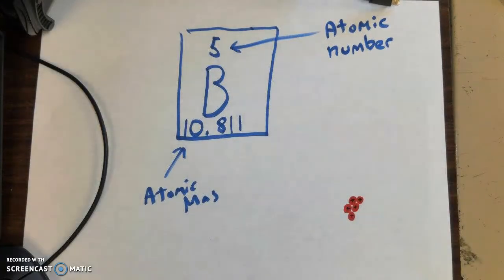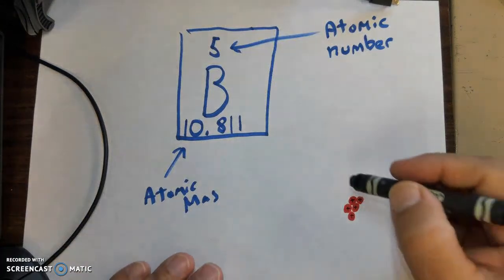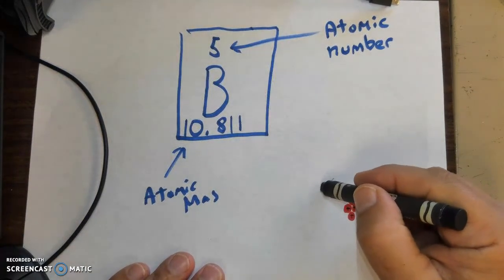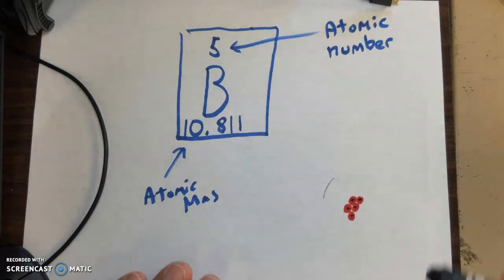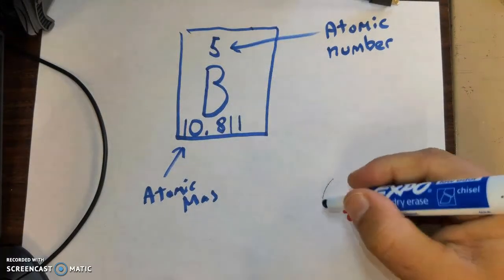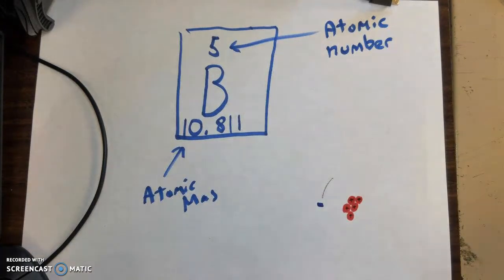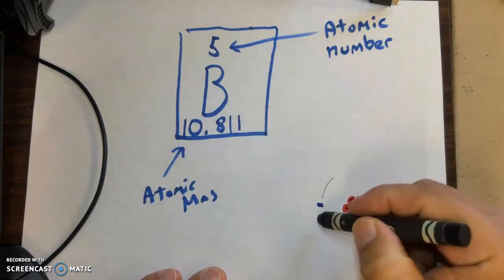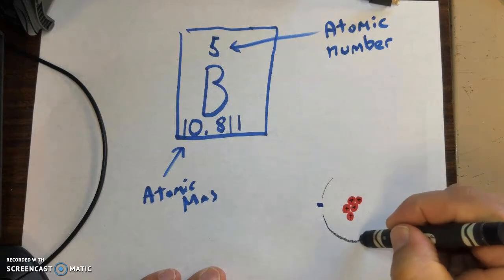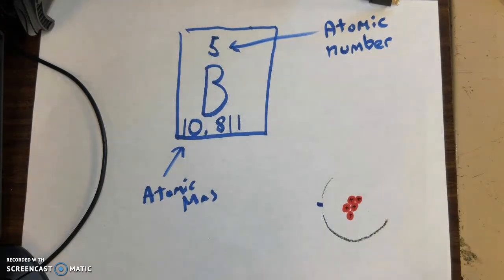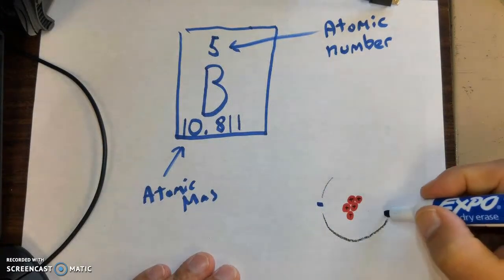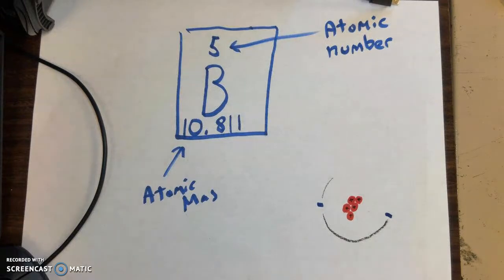Now I'm going to draw a valence shell going around the outer edge of this nucleus. And I'm going to put 2 negatively charged electrons buzzing around outside, because that's how many fill up this innermost shell.